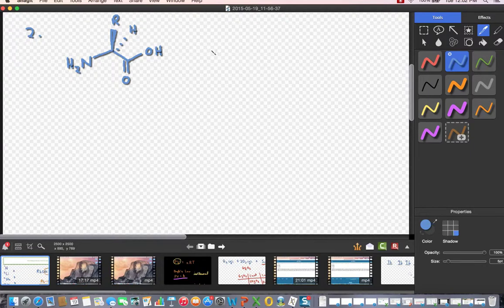What happens is if I take another one of these molecules, the R group can be something as simple as a hydrogen to something as complex as an indole functionality.